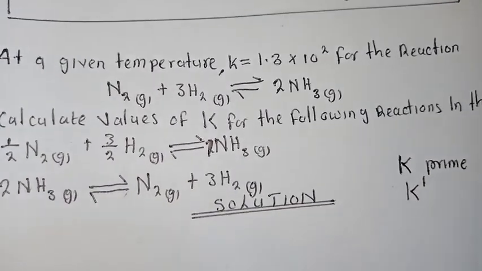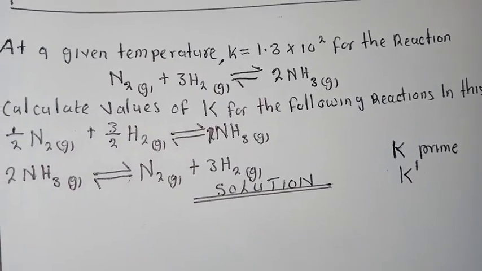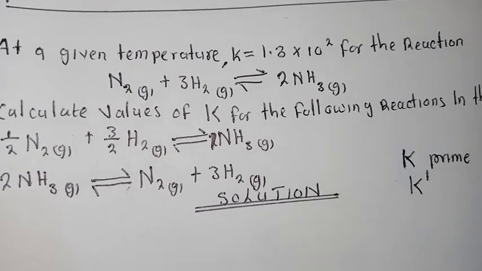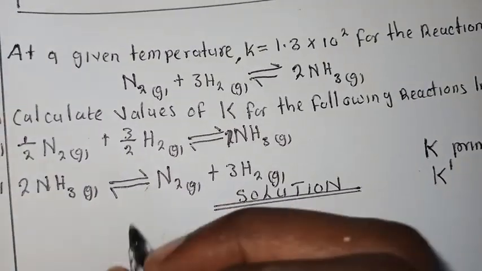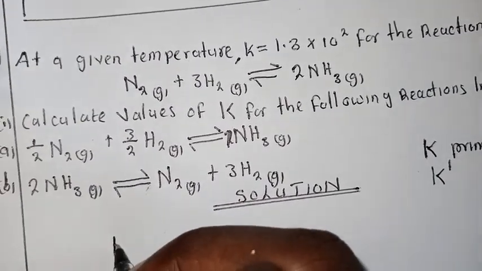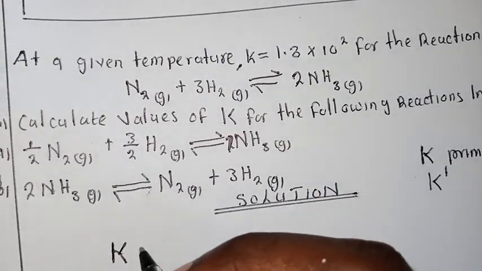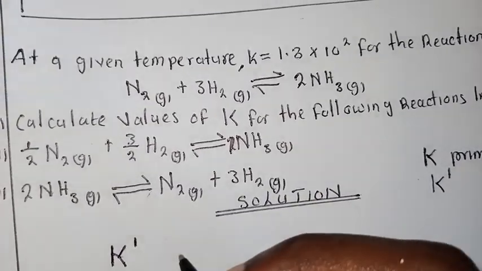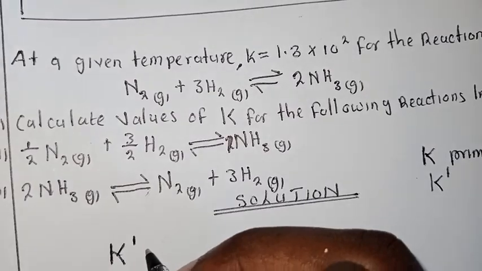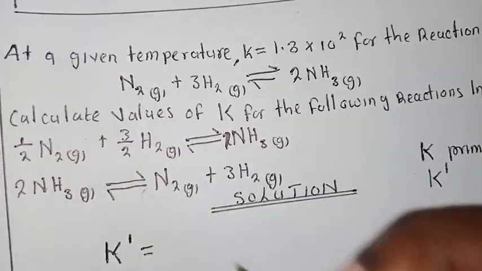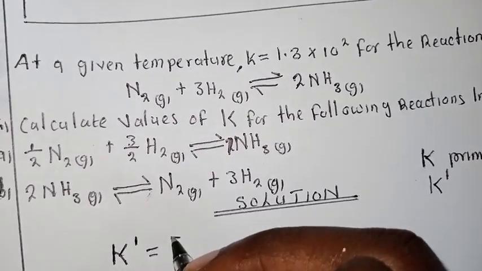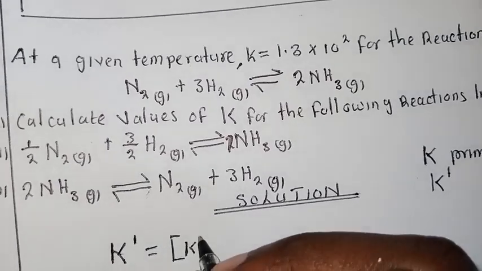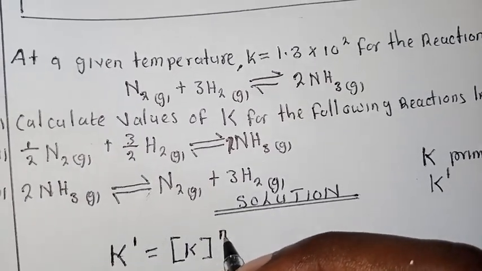So now to calculate K prime from this, I'm going to give you this formula. K prime for the first question is going to equal the value of K to the power n.